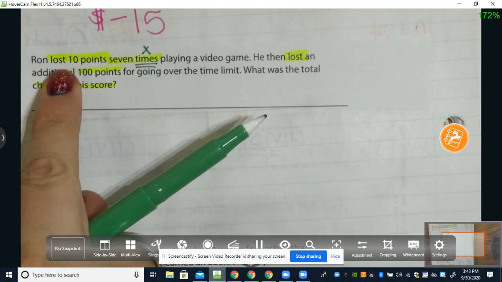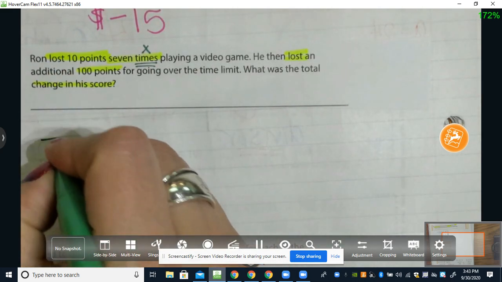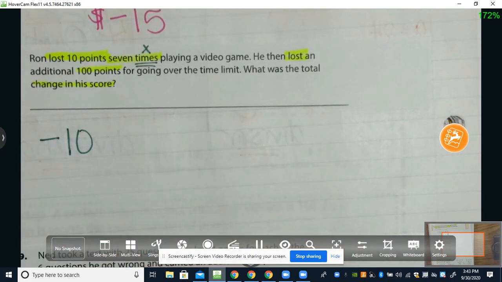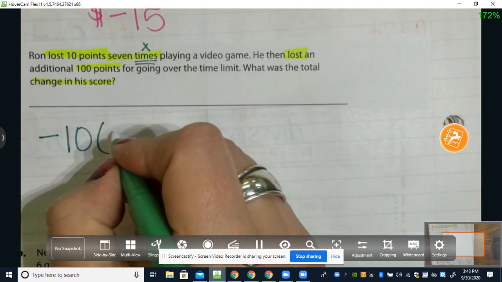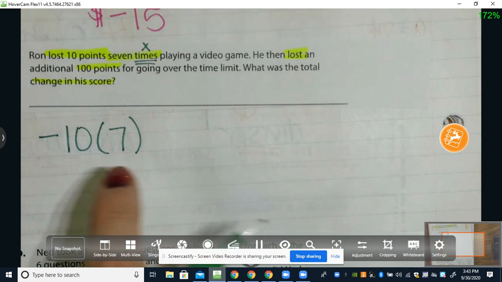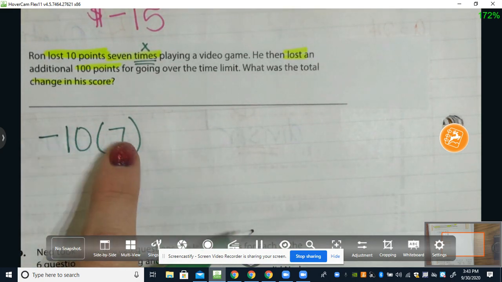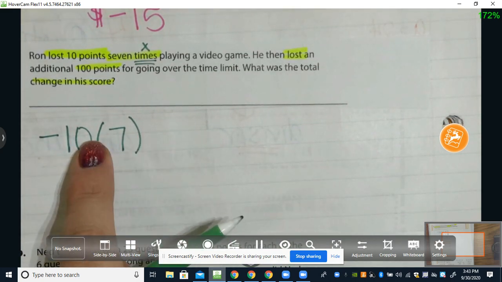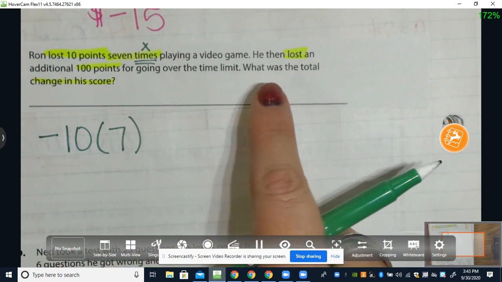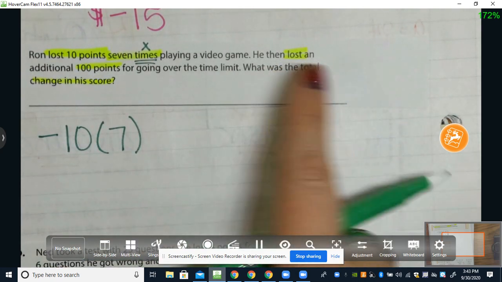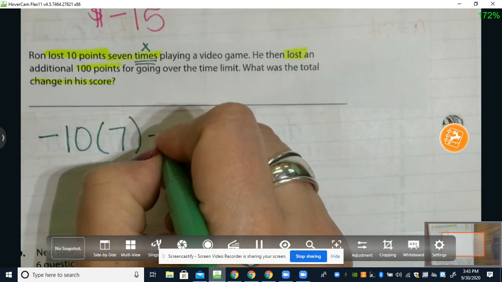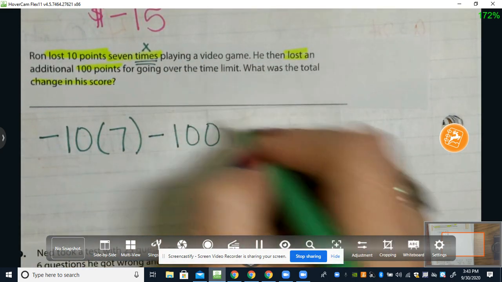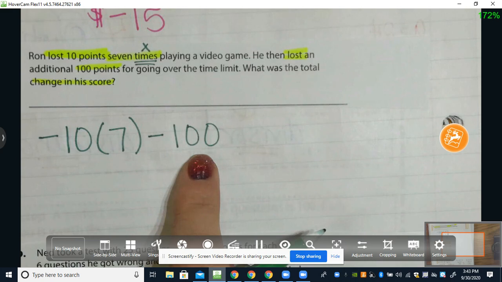He lost 10 points, so we know that represents a -10. 7 times, so we're going to multiply this by 7. And we remember when we have a number in parentheses right next to each other, this means multiplication. He then lost an additional 100 points. So this is the second part of the sentence, minus 100. This is what he lost.